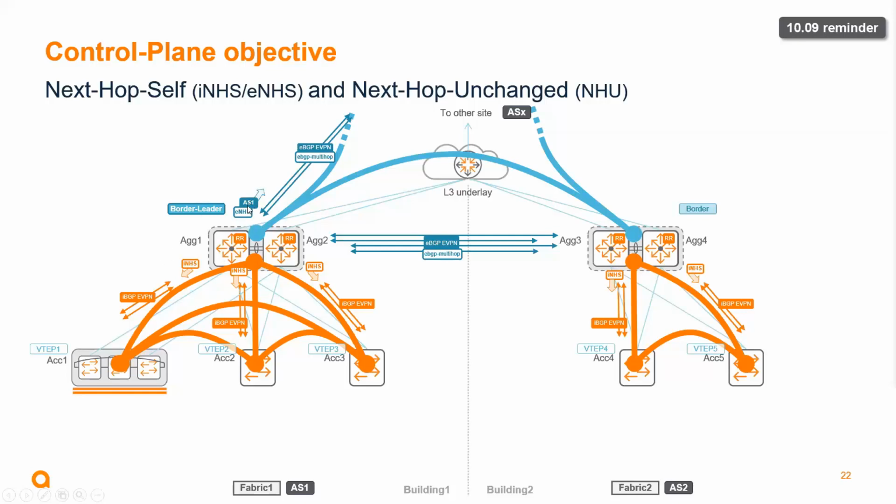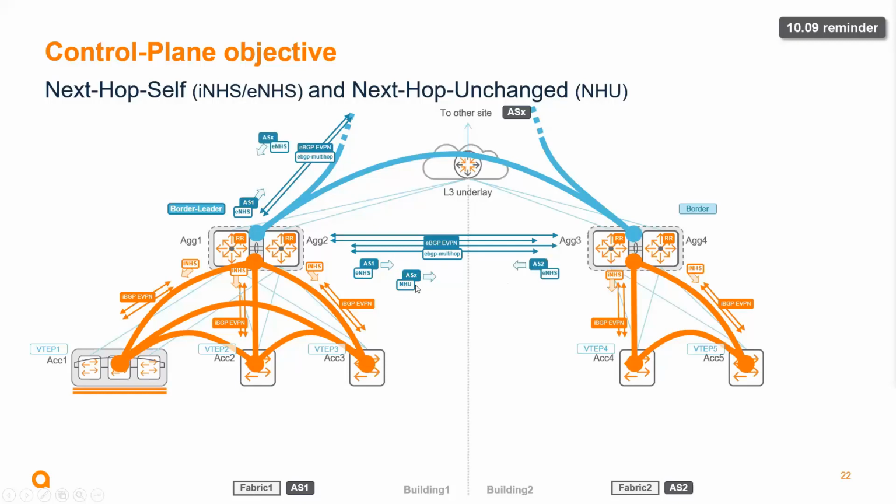We want to also advertise AS1 routes here with the regular Next-Hop Self behavior that you have on external BGP. So this is that arrow here. Same for the same routes going to Fabric 2. Then we want to send the routes of the other sides from the border leader in Fabric 1 to the border in Fabric 2. In that aspect, we do not want to change the next hop.